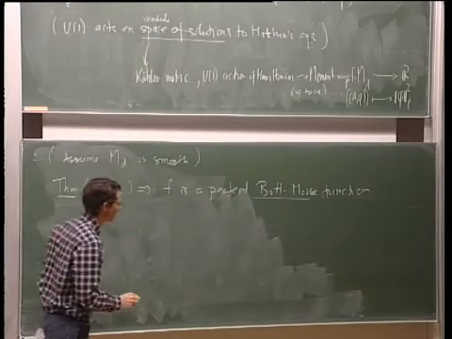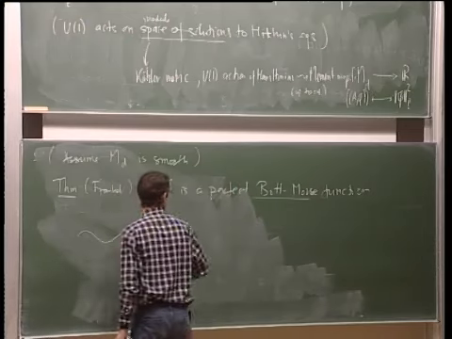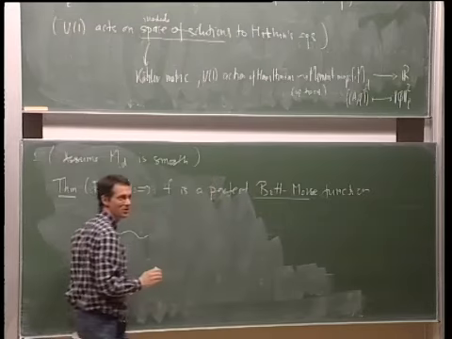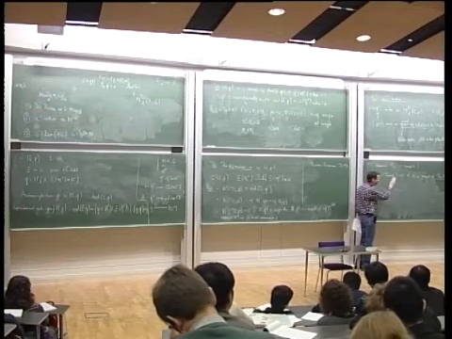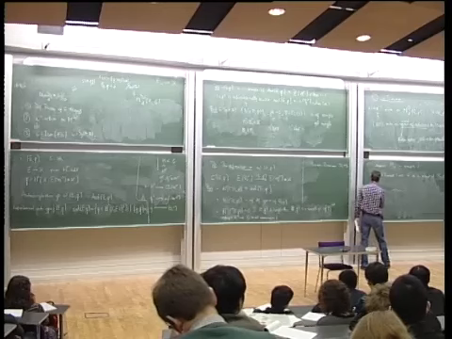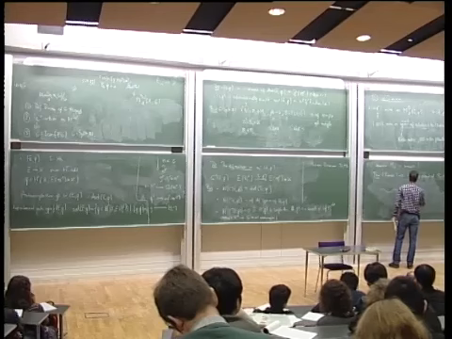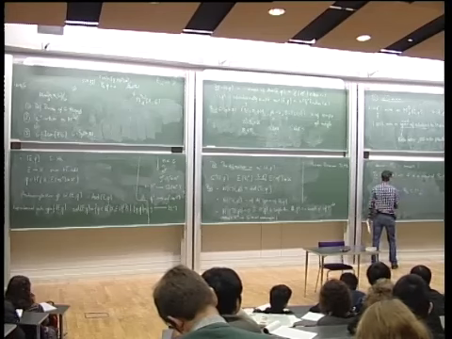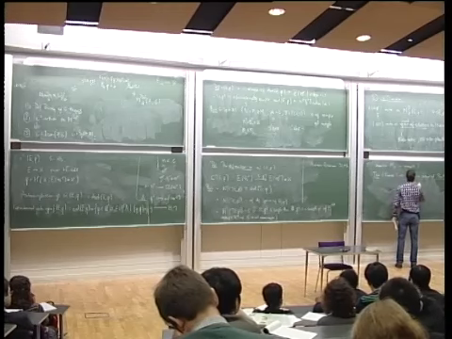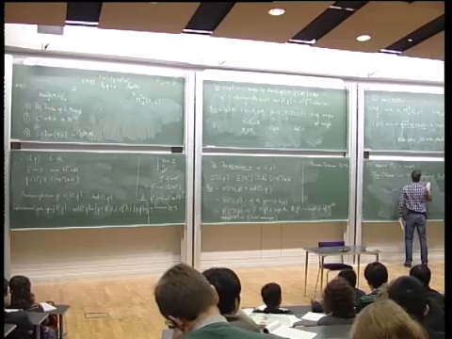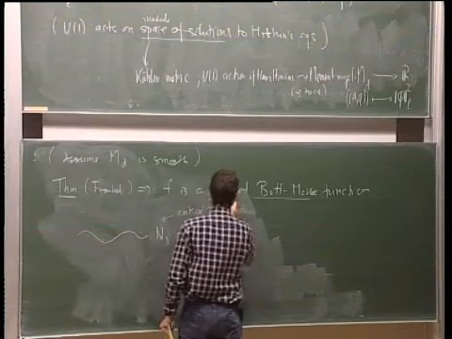It means that you have critical subvarieties. So it's not a Morse function: the critical points are not necessarily isolated, but you may have some critical subvarieties. Let me call them N_lambda. Critical submanifolds, I should maybe say.